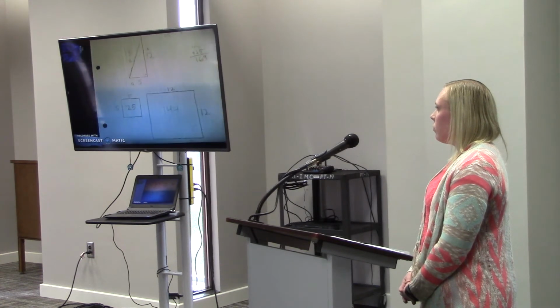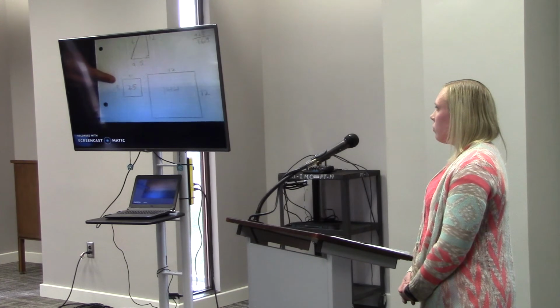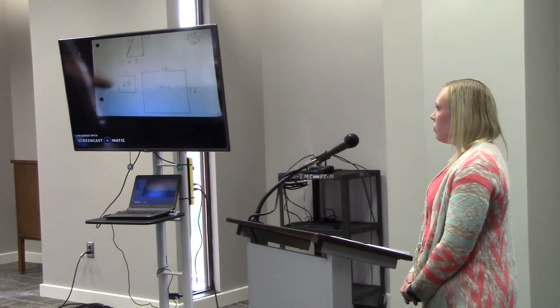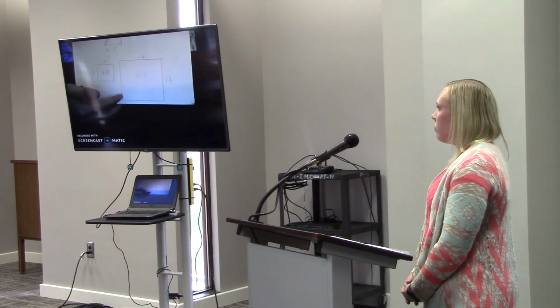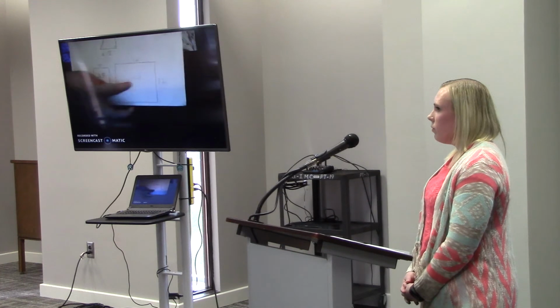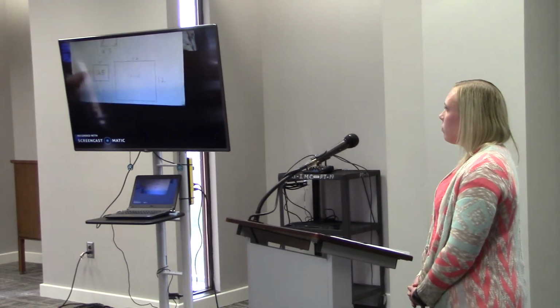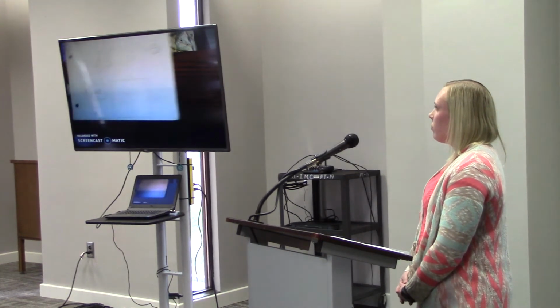So I use graphing paper because it has lots of squares that you can use. So I drew a square of the one leg, which is 5 by 5, which gives me 25 squares. And then I drew a square of the other side, which is 12 by 12, which gives me 144 squares in here. If you add up 144 plus 25, you end up with 169.